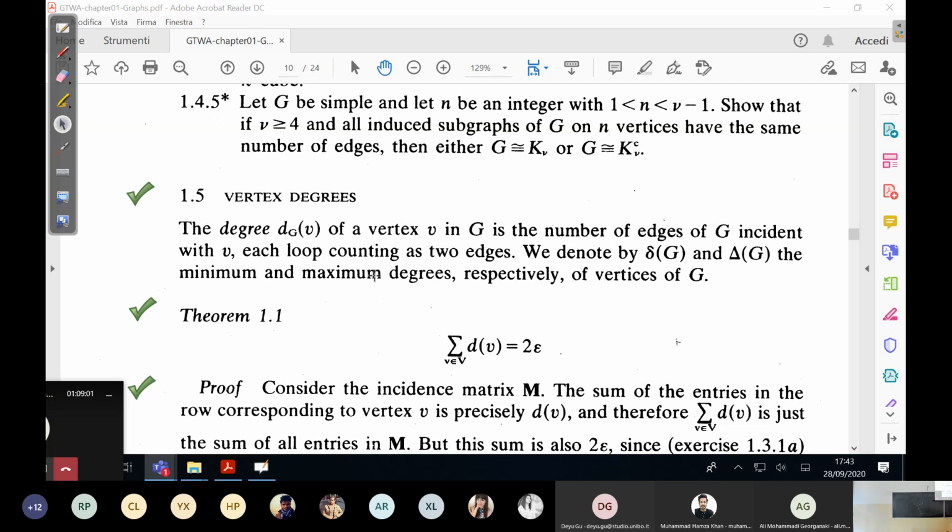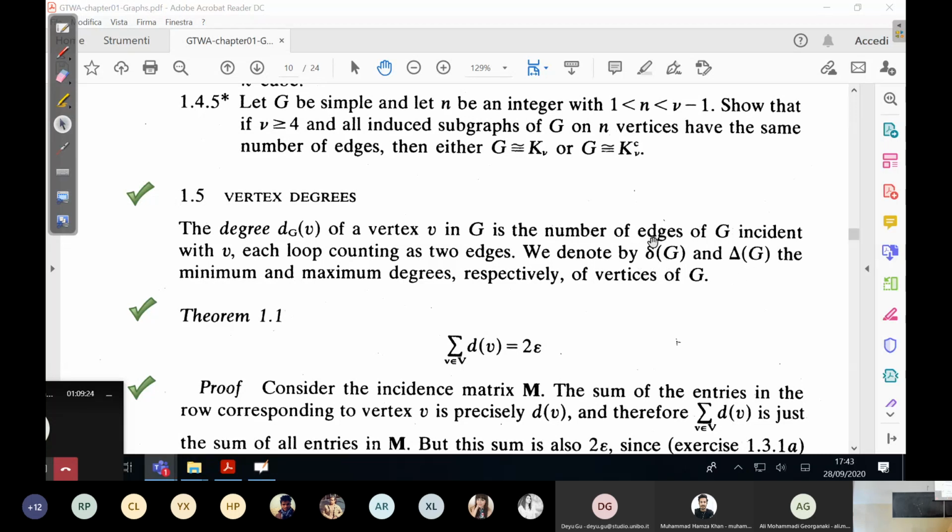Actually, if you have a loop you'll see 2 pieces of the loop close to the vertex, so it's easy to remember and to look and see the degree of a vertex. And now be careful, because we shall always use these 2 symbols throughout the course.